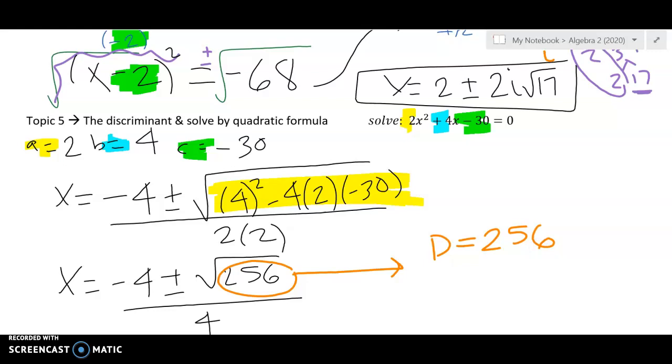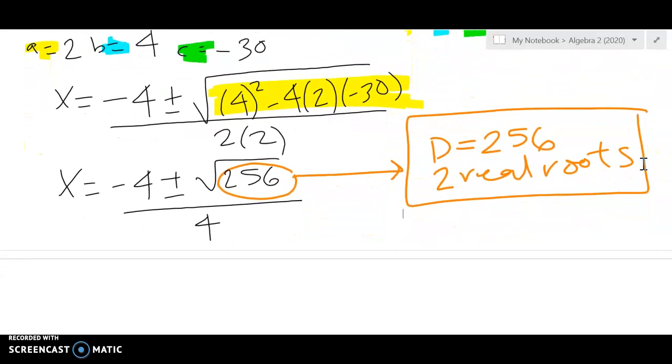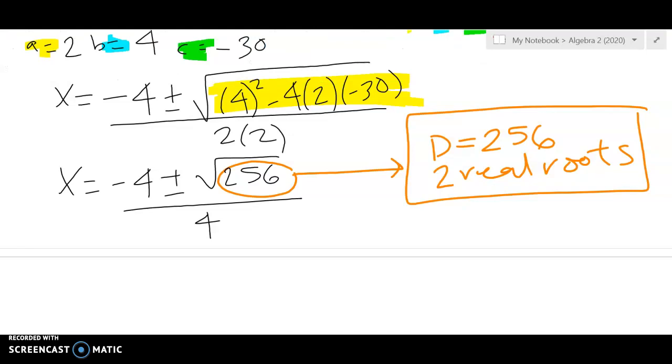Okay, if the discriminant is greater than 0, a positive number like 256, you have 2 real roots. So let me just keep it orange here. 2 real roots. So when I solve this in just a moment, I should have 2 actual answers, no imaginary in there. So I'm going to keep going here in this black pen to solve this. We didn't talk about this one much, but the square root of 256 is a perfect square.